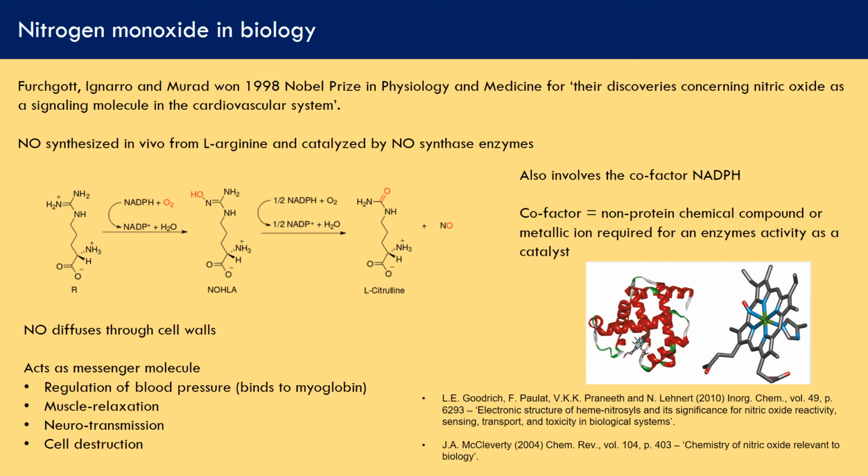The winners of the 1998 Nobel Prize in Physiology and Medicine were awarded because of their discovery relating to the presence of nitrogen oxide and its ability to act as a signaling molecule in the cardiovascular system.